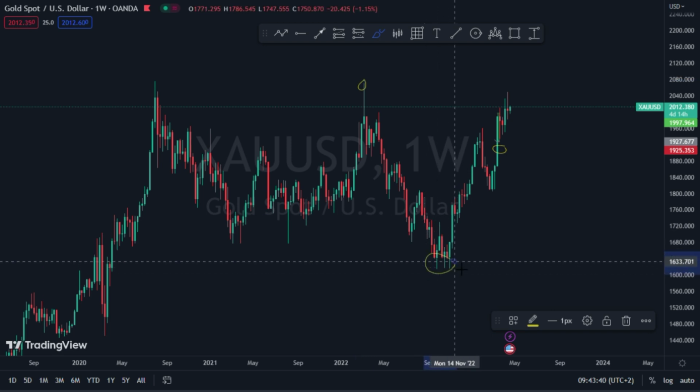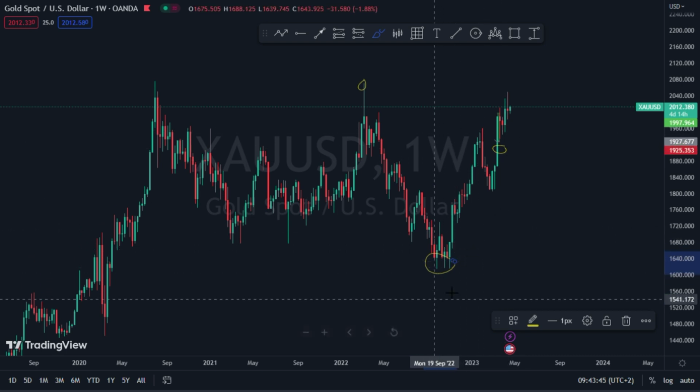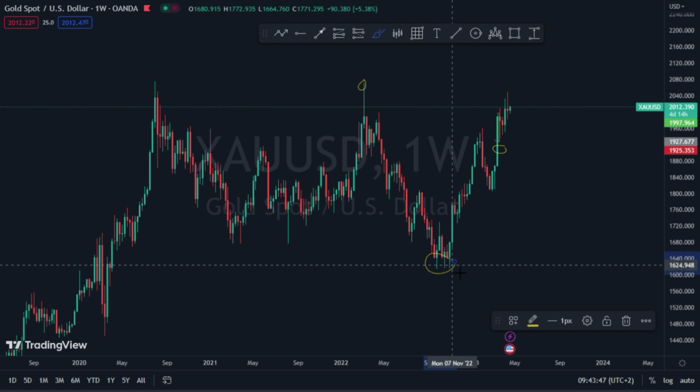What we want to pay attention to is this whole area right here. These rejection candlesticks are just a confirmation that the market is about to reverse, or change direction, right?